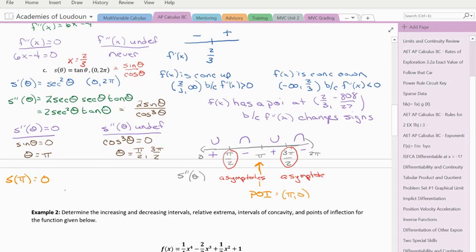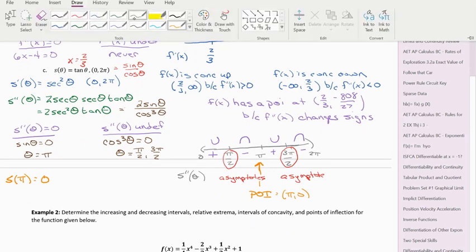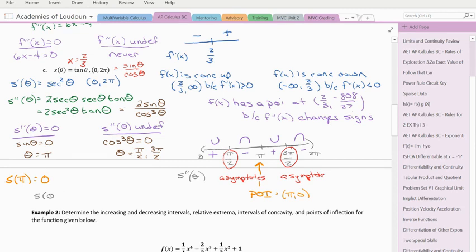So from here we have that s of theta is concave up on 0 to pi over 2 and pi to 3 pi over 2. s of theta is concave down on pi over 2 to pi union 3 pi over 2 to 2 pi.